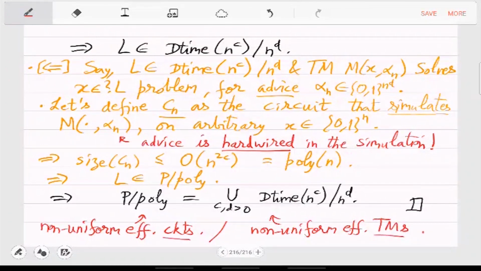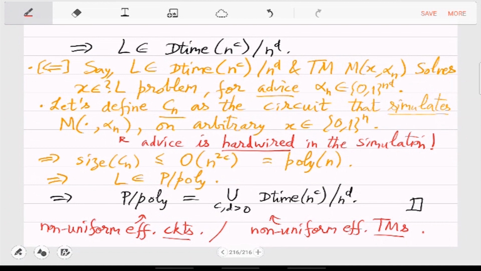Turing machines that take advice and run for polynomial time, or circuits of polynomial size, solve the same problems, and they can also solve uncomputable problems, right. That is what we have shown.